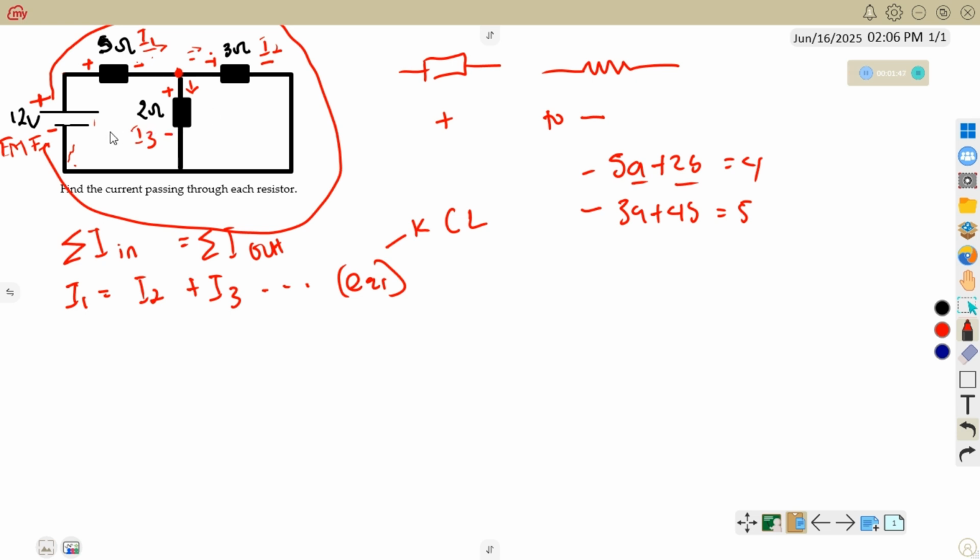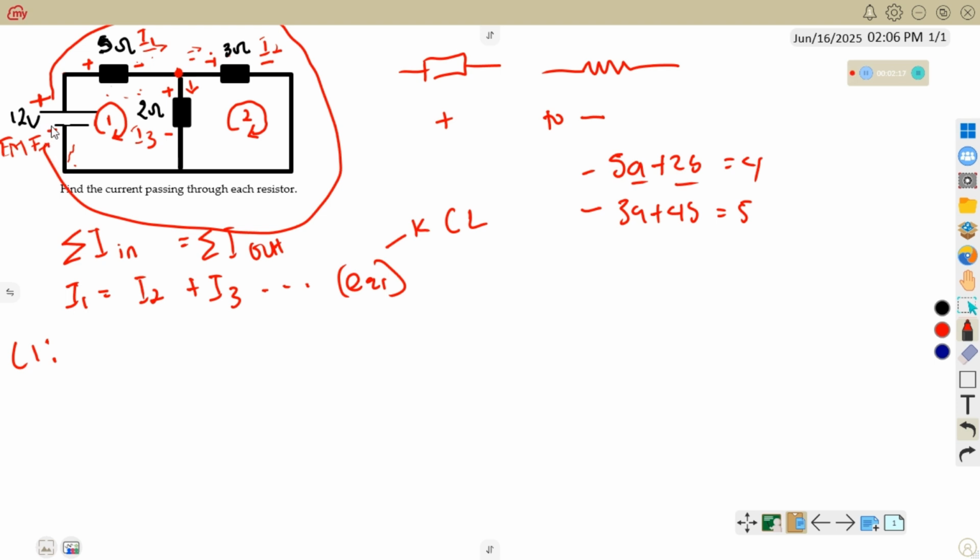So we can take this one to be our first loop, loop 1, and this one to be our second loop, loop 2. Whatever we do for loop 1 involves only the components in that box, so the 3 ohm resistor, which is not in loop 1, will not be involved in this first loop.